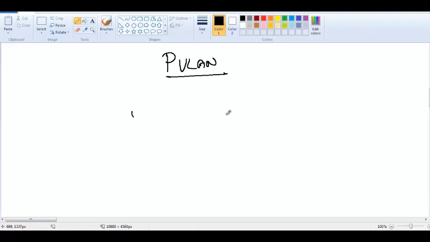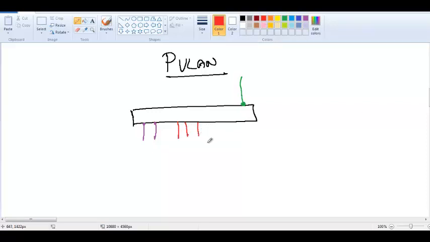Now let us take an example to understand the configuration part. For our easy understanding, I'm going to keep one port here, two ports here, and three here.